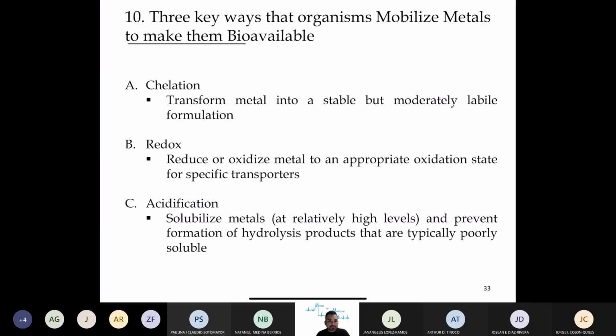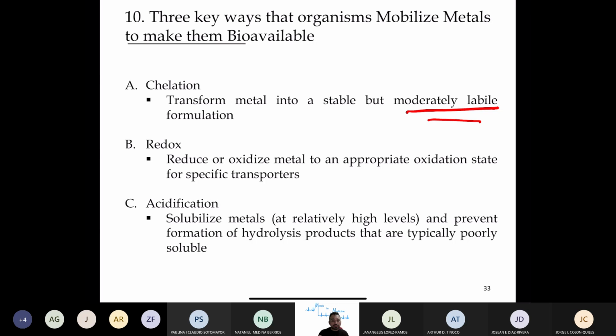You have chelation. As the name implies, you transform the metal into a stable but moderately labile formulation. What does that really mean? Well, stable means that you're going to form a compound with that metal to keep it protected. And moderately labile means that you want to bind it with enough affinity, but you don't want to lock it into that complex so that the metal cannot be released and be useful.